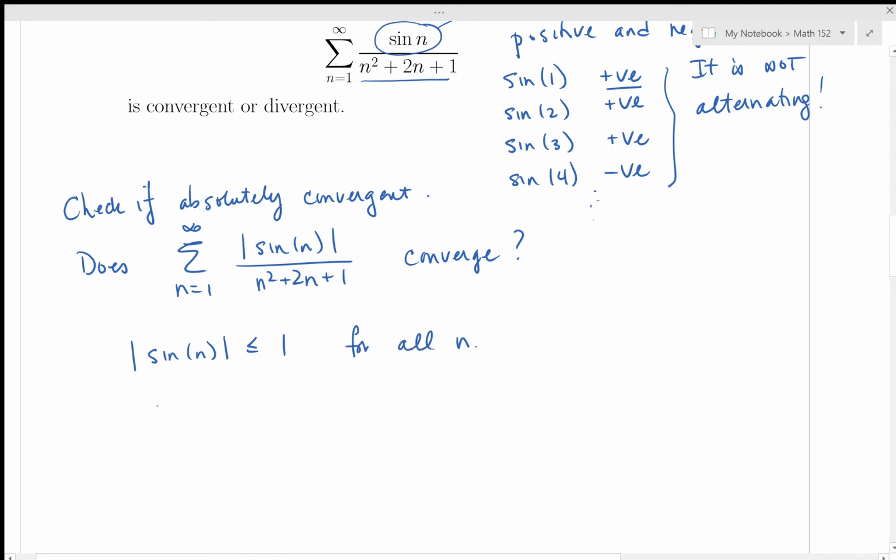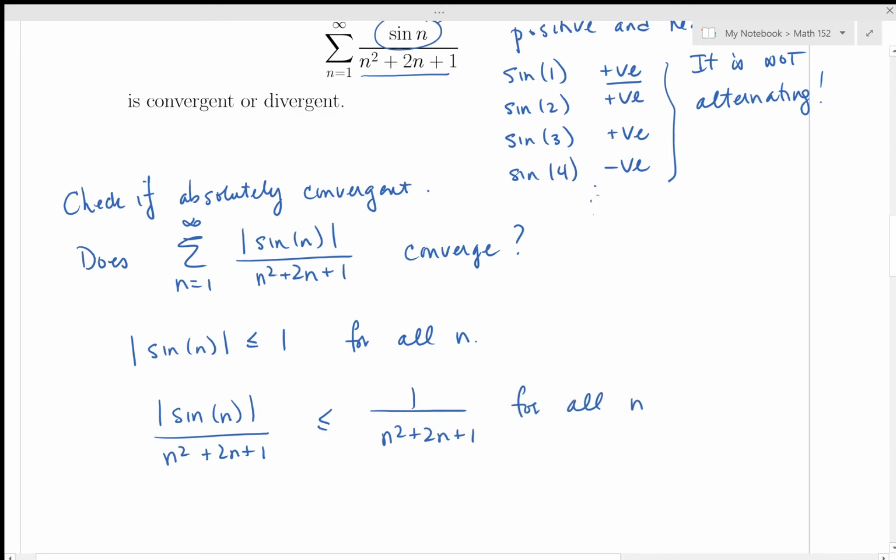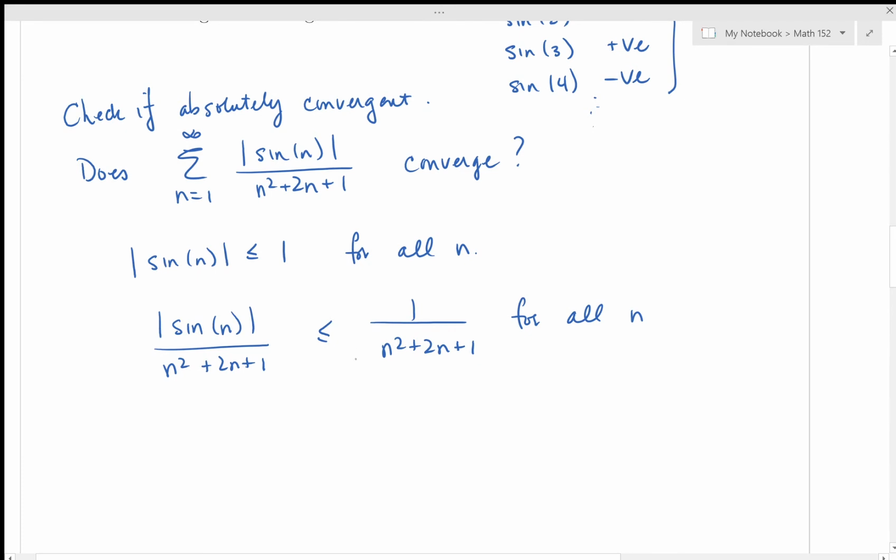That means that the absolute value of sine n divided by n squared plus 2n plus 1 is less than or equal to 1 over n squared plus 2n plus 1 for all n. If this converges, then so will the smaller thing, because if I have something that converges and it's bigger than something else, then that smaller thing converges.